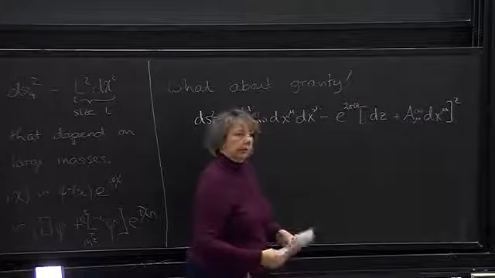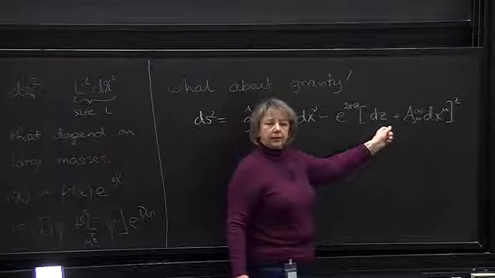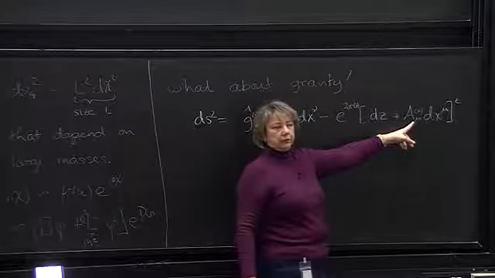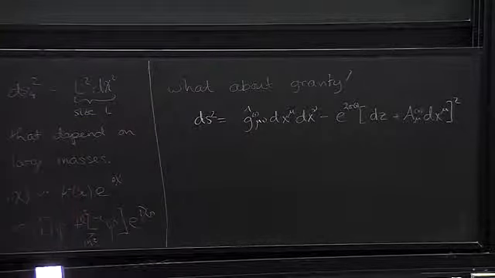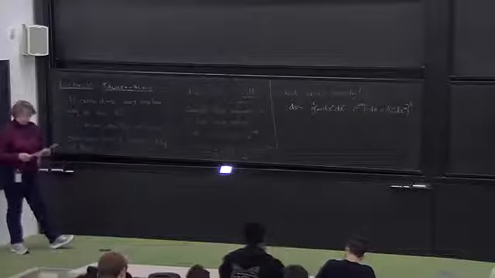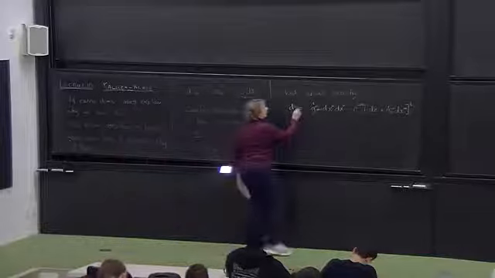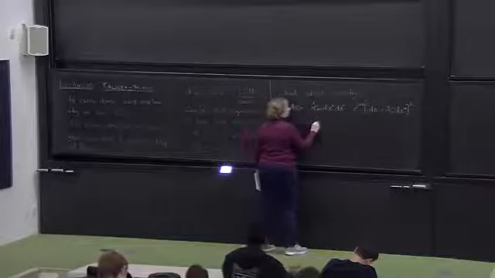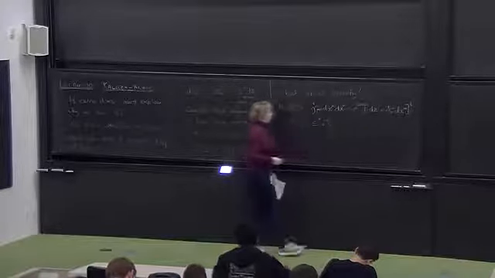My g_zz, or the extra, is the size of that internal direction. g_z mu, there are 4 of those. And then this is what's left, g mu nu. So I've split up my metric in a very specific way, and the reason I've done this is so that root g5 is e to the sigma root g hat 4.